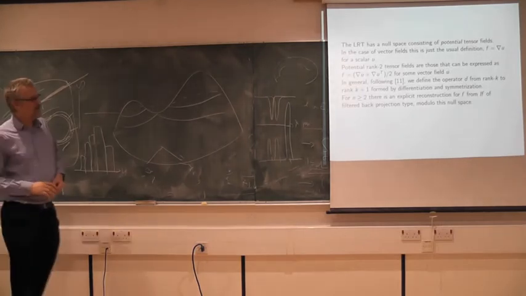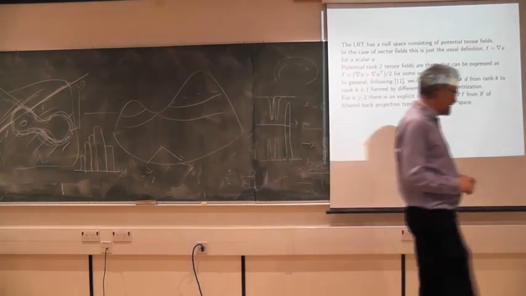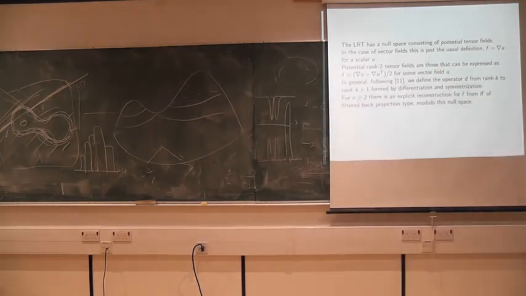So the longitudinal ray transform turns out to be quite a tricky beast, even though it's the simplest to define. And that's because it has a null space. So the point is, if you just do velocity, it turns out that if your velocity field was a gradient of a scalar potential, you get exactly zilch from doing this measurement. Basically, you have a derivative and you integrate it, you just get the boundary values.